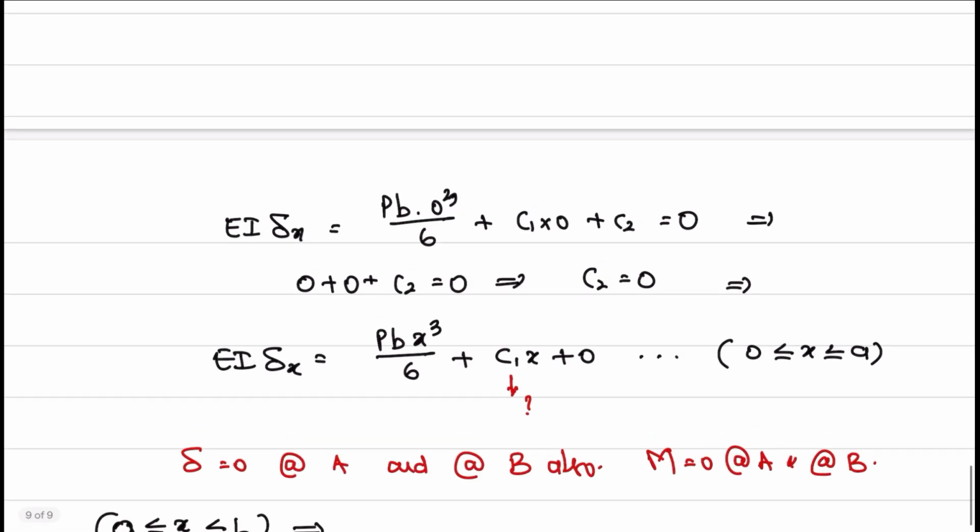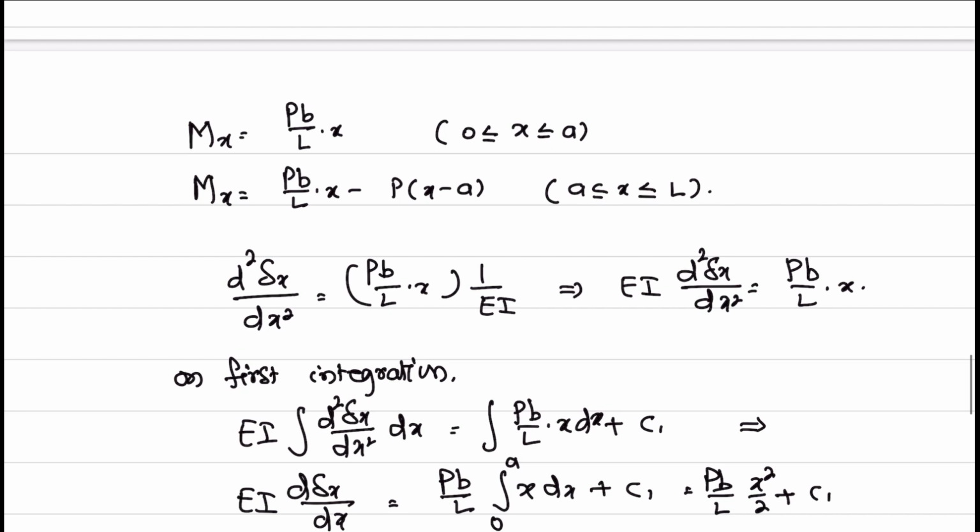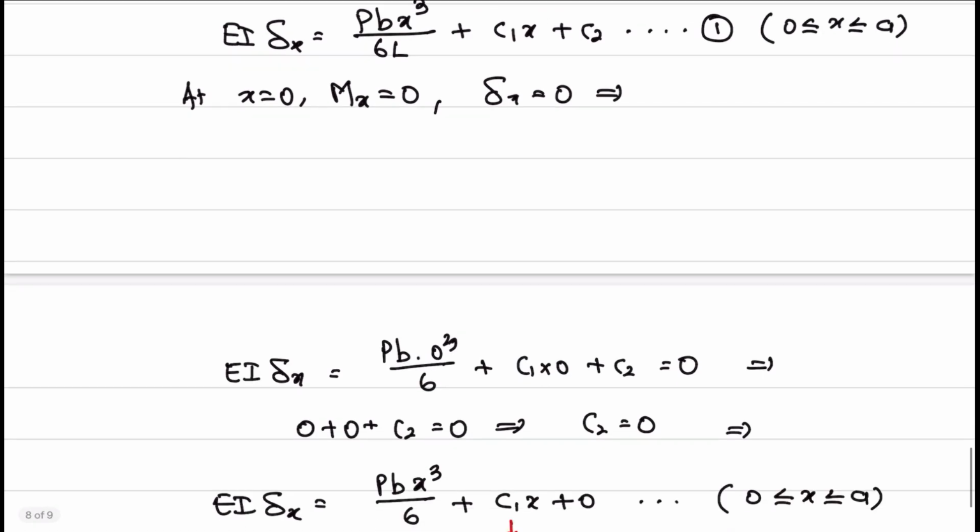That implies what is mx value? Mx value is PB by L into x minus P into x minus a. This is nothing but d square delta x by dx square.